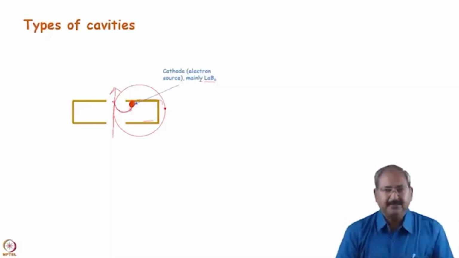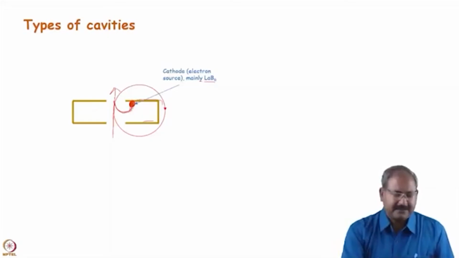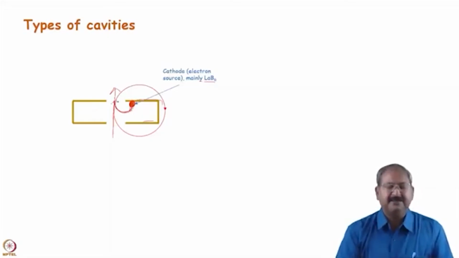Even before the first turn, the particle passes through the cavity's electric field, so it gets some energy. The electric field of the cavity imparts delta E when the particle passes through the cavity. Delta E is the energy gain for the particles. So we can say that before the first turn, some fraction of delta E has been obtained by the particle.